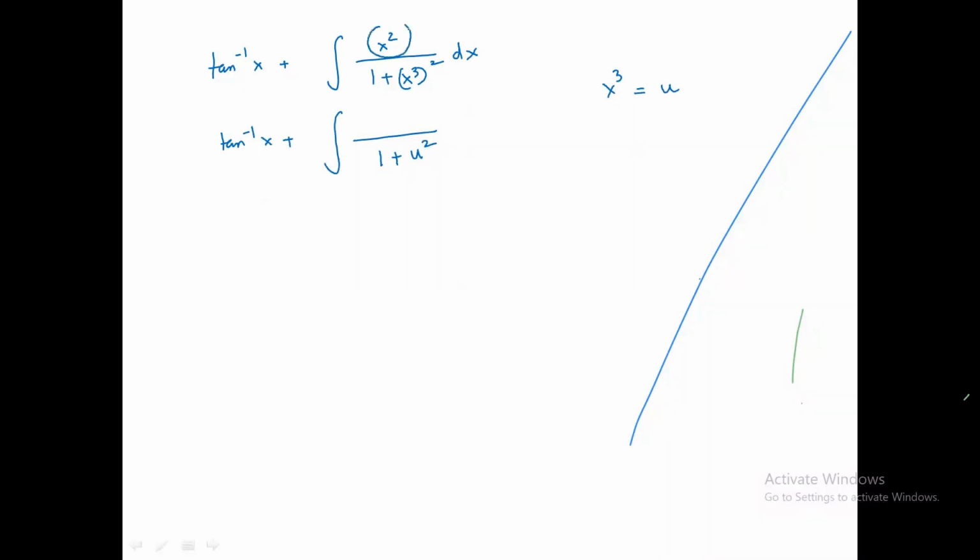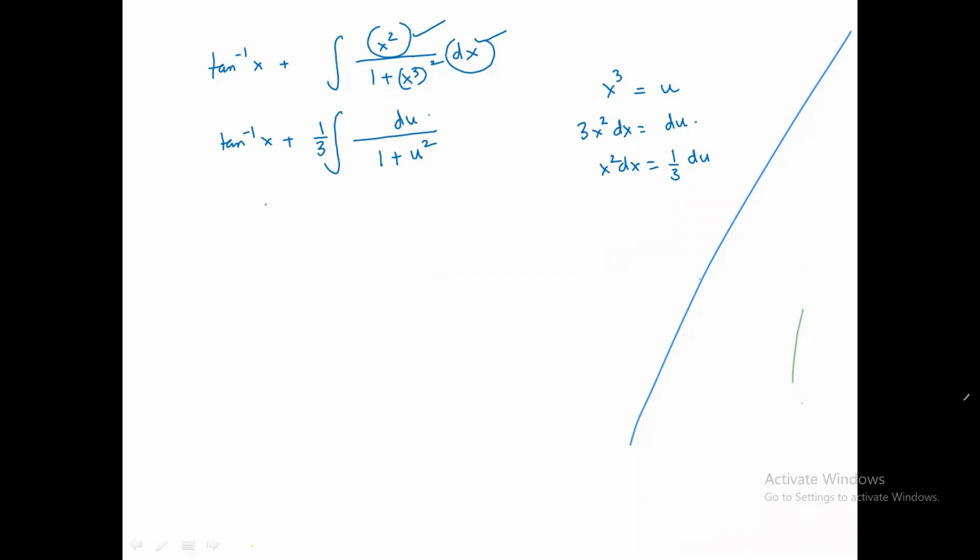Now what about this x square and dx? That you have to think. For that, find the derivative. x cube derivative is 3x square dx and u's derivative is du. So x square dx I can write 1/3 du. That means x square dx I will write 1/3 outside, du inside.